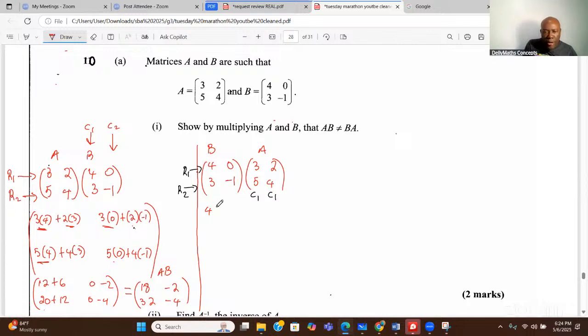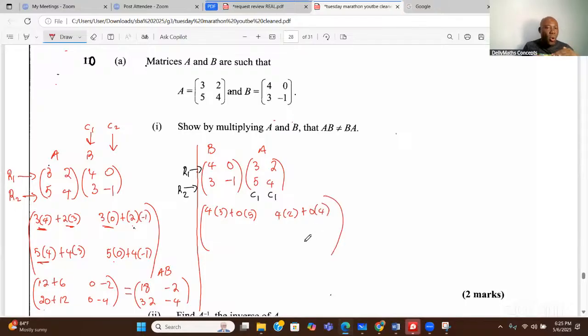So 4 times 3 plus 0 times 5. All right, so 4 times 3 plus 0 times 5 is row 1, column 1. Then we're going to go 4 times 2 plus 0 times 4.